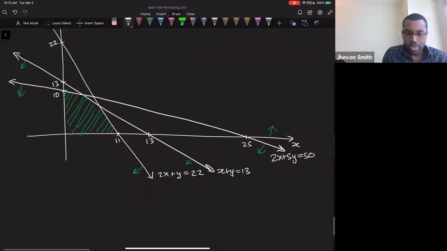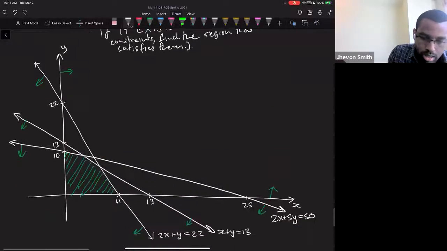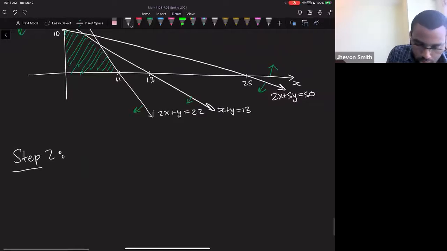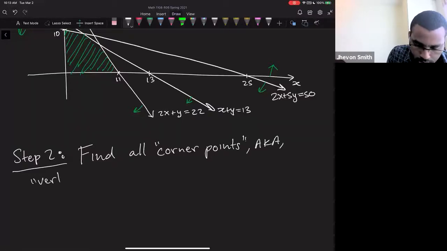Now we go to step 2. Find all corner points, aka vertices.